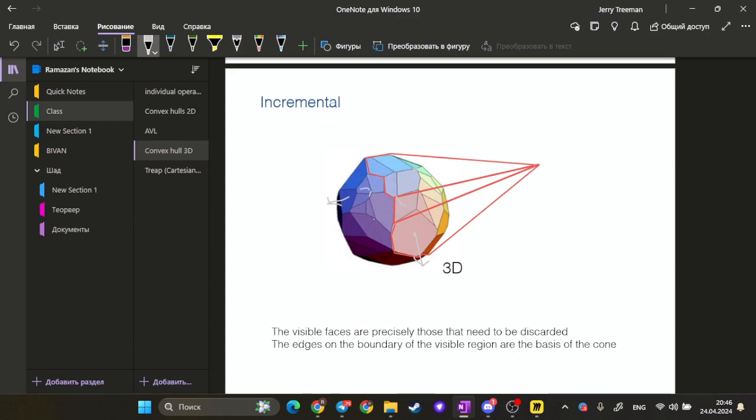When you consider a point, it has a face that corresponds, and two vectors. And you need to consider the oriented volume based on this vector and these two vectors.